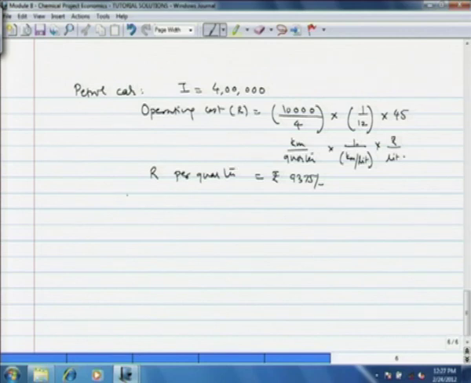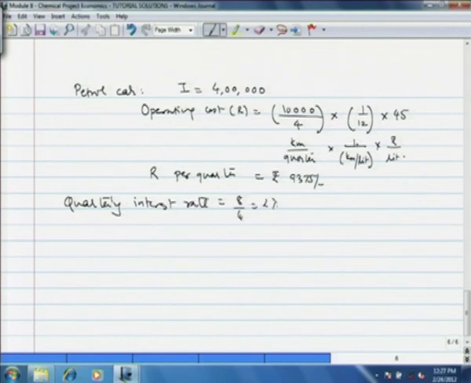Now, the nominal interest rate is 8% compounded quarterly. So, the quarterly interest rate is 8 by 4, that is 2%.